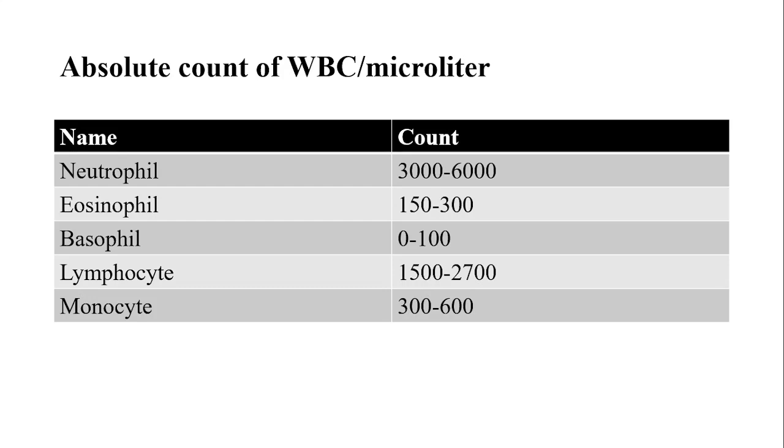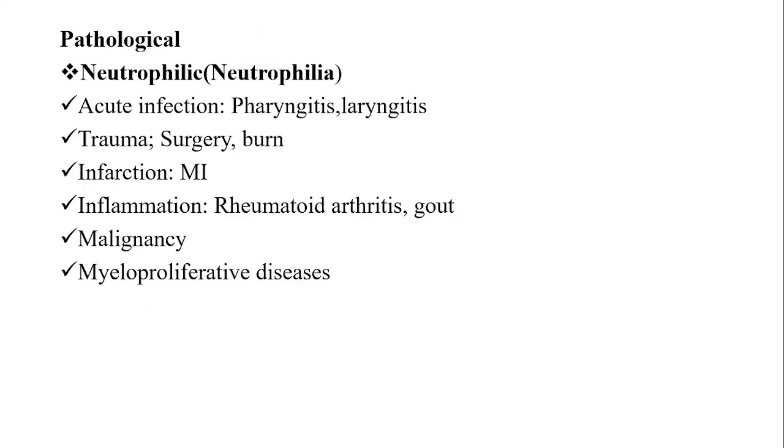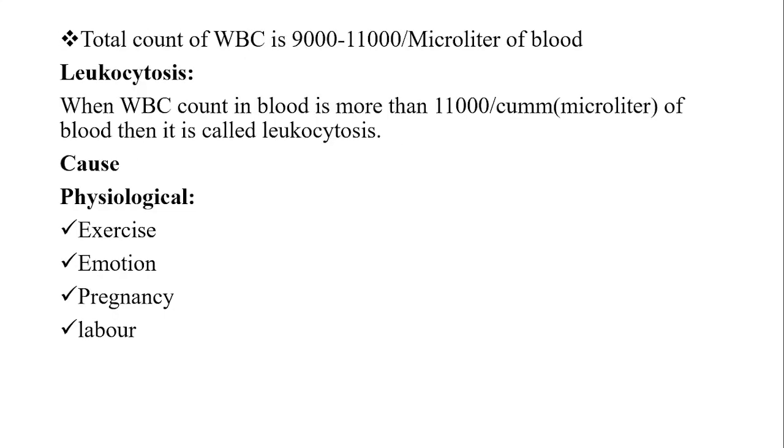And whenever you are asked questions regarding the actual count or absolute count or differential count or any count, it's very important to mention the unit in which you are answering the question. Now this is the total count of WBC, including granulocyte and monocyte.